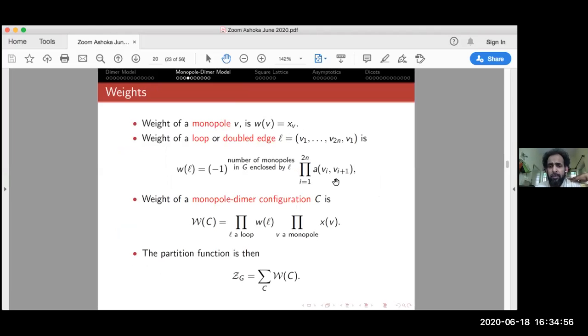If a loop is of length 2n, like so, v1 up to v2n followed by v1, then you take the edge weights of the successive edges along the loop. The only new complication is you give a sign: -1 raised to the number of monopoles enclosed by the loop.